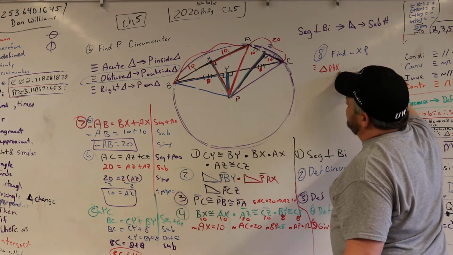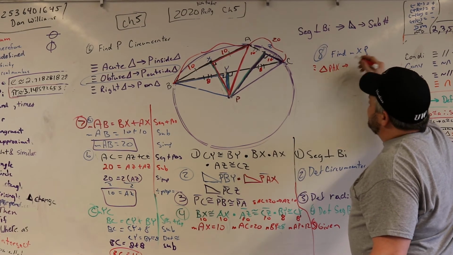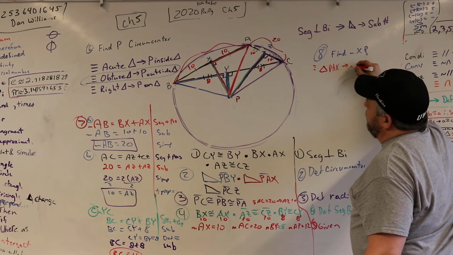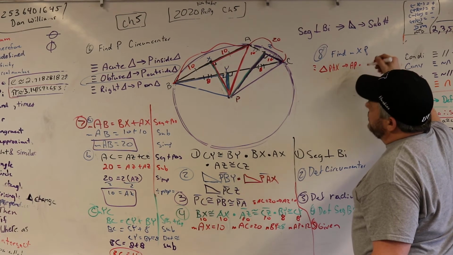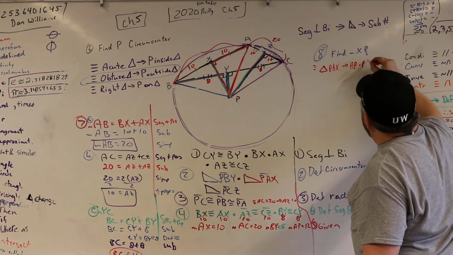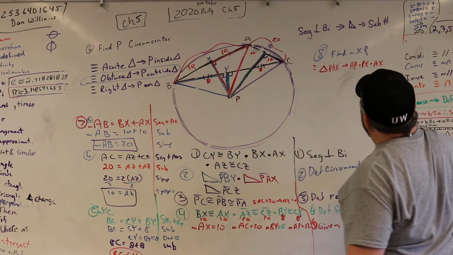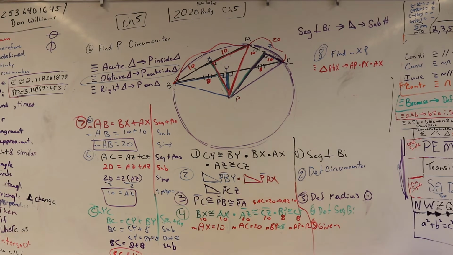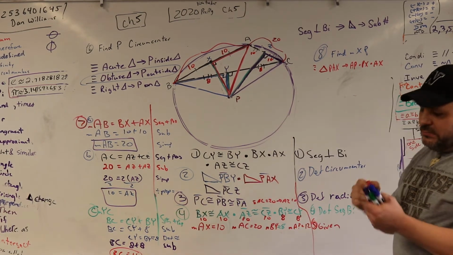If this is the red triangle, PAX, then the sides of that triangle are AP, right? And PX, and AX, right?